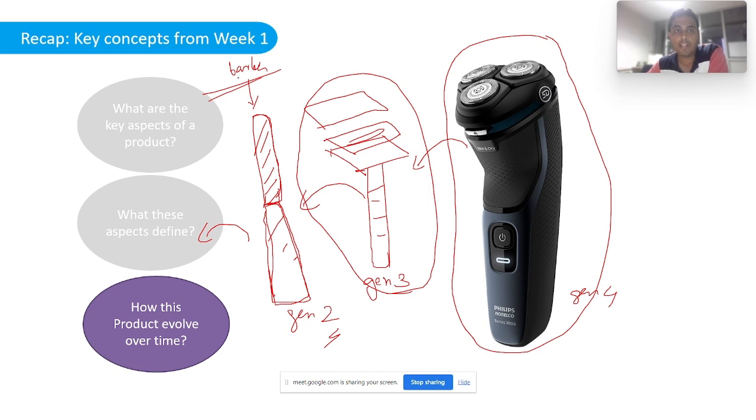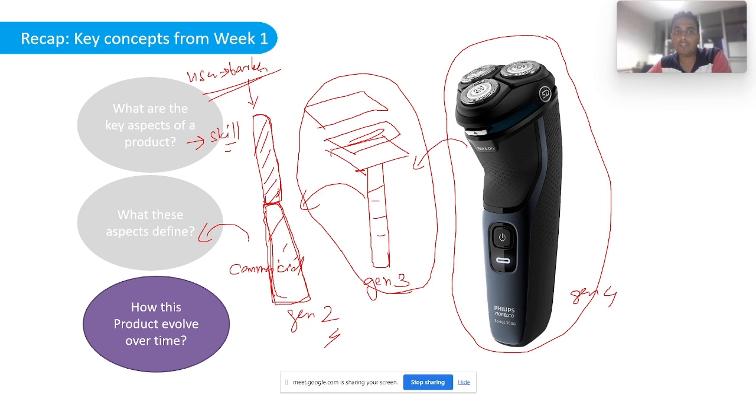So the user here is a barber, and this product needs some sort of skill dependency, because it's not easy for someone who is not skilled with this device. They may actually get cuts and bruises if they try to use this product. So you need some skills. This is more like a commercial product, something available in a barber shop.